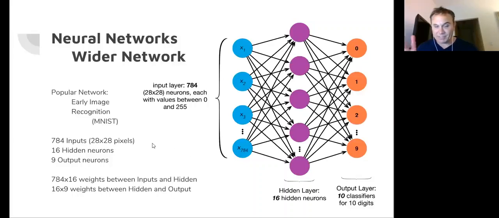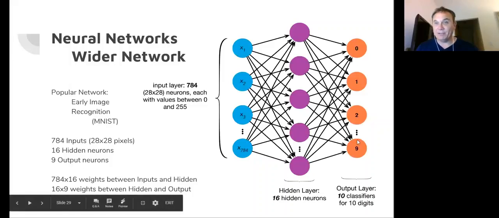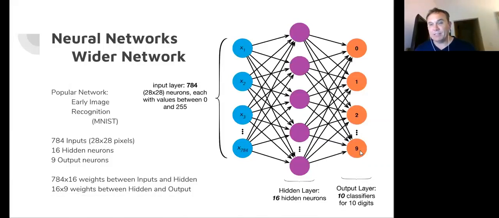Each pixel represents an off or an on input, and you can feed that into 16 hidden neurons, a hidden layer, and then have 10 neurons on the output. Each of those 10 neurons gets lit up when you feed it a 0, 1, or whatever it is on the input. If it's a 1, it'll light up the 1.